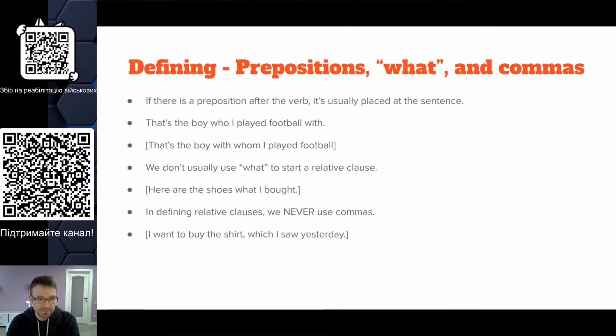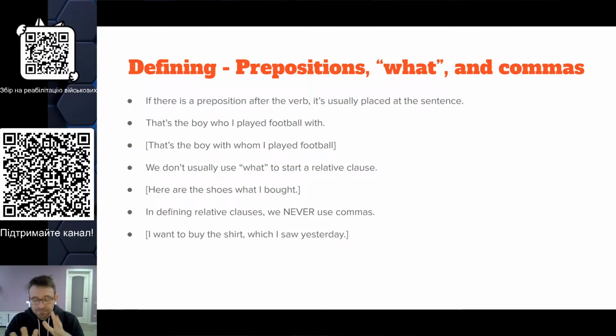This is wrong, because here we are giving essential, necessary information about the shirt. If we just say, I want to buy the shirt, okay, what shirt? I don't know which one you're talking about. So this is necessary information, and because of this, we should not have a comma in this sentence. So, I want to buy the shirt which I saw yesterday, no comma before the word which.